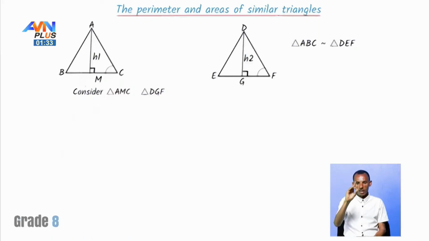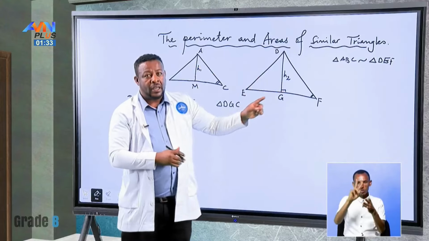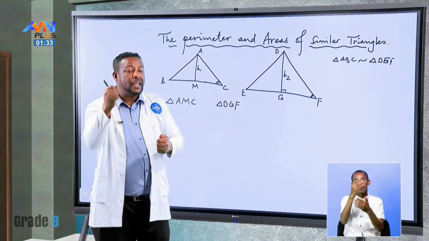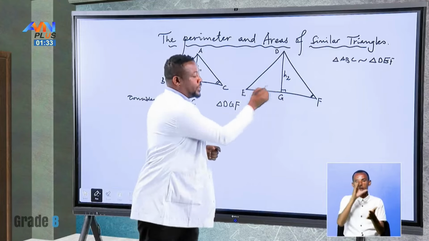Look, if you compare these two triangles, they form 90 degrees at this point and this point.